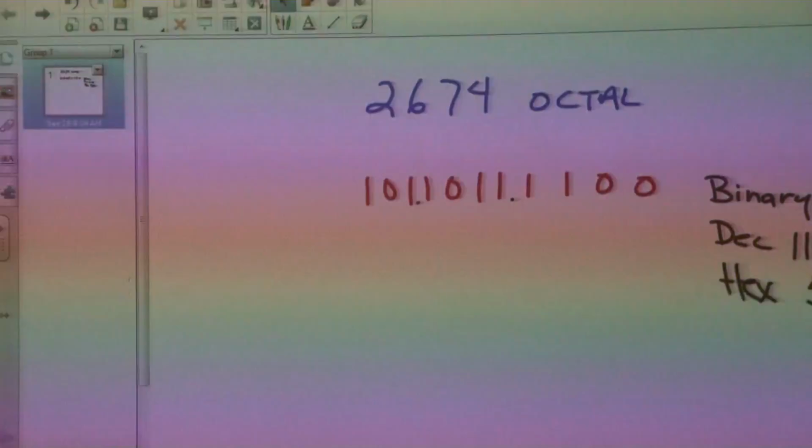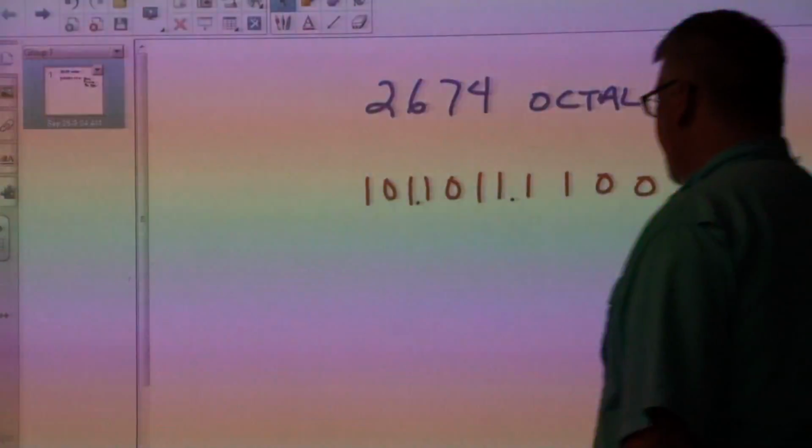Has anybody got the same thing yet? Or still working? I'm going to rework it again just to make sure.